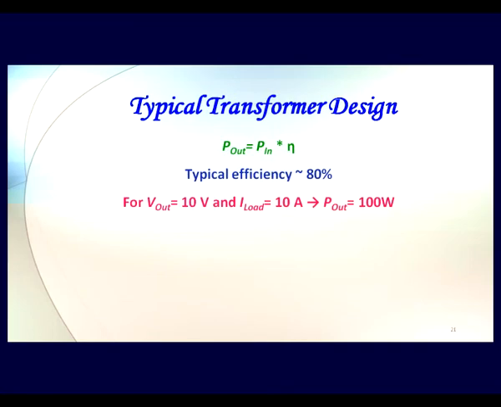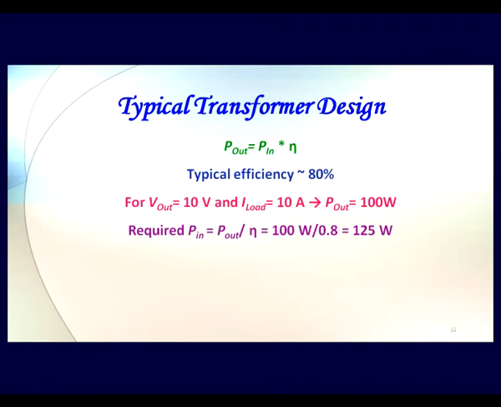So keeping that in mind, if we want to have a transformer whose output voltage is 10 volt and the current that we are going to draw from that secondary of that transformer is, say, 10 ampere, then at output of that transformer, we are going to draw a power of I into V equal to 100 watts.